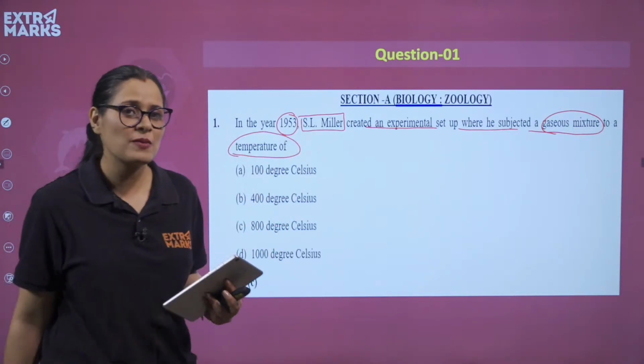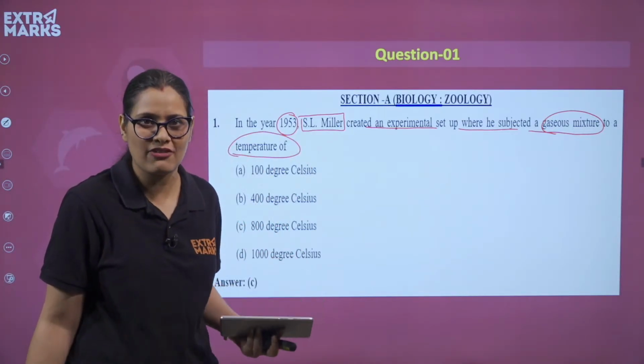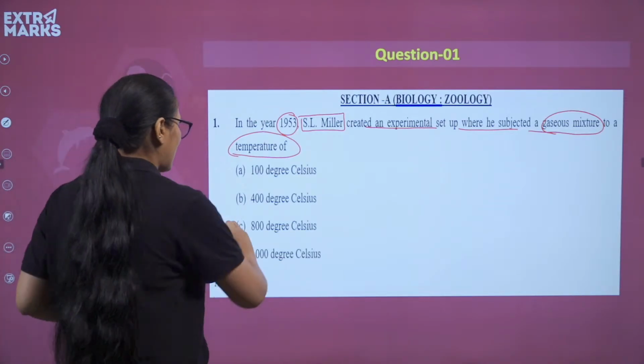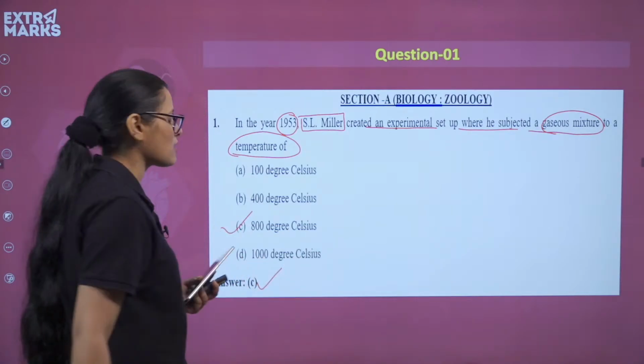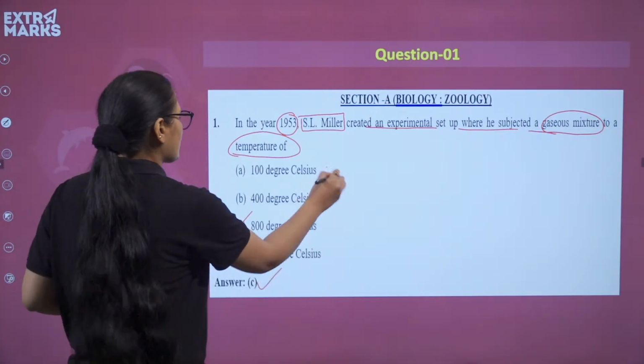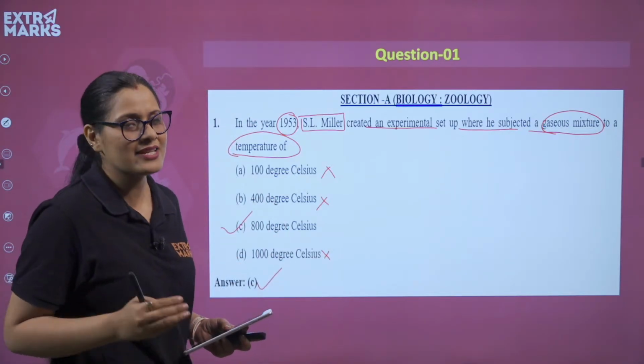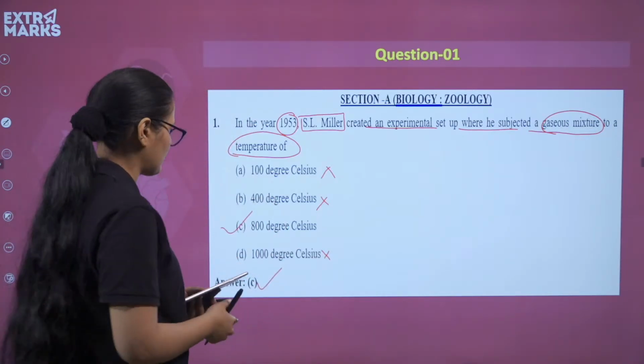The gaseous mixture was methane, hydrogen, water vapor, ammonia, but the temperature is 800 degrees Celsius. So it's a direct question and the answer is option C. Other options 100 degree, 400 and 1000 are absolutely incorrect. It's a remember based question, so direct question.